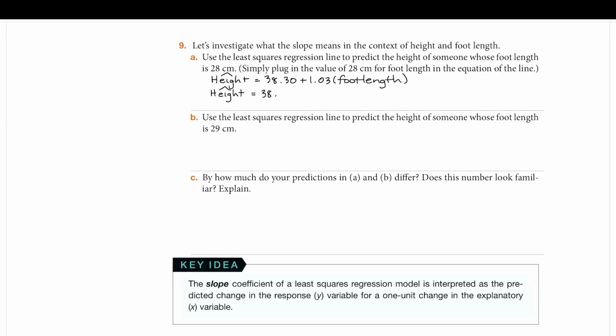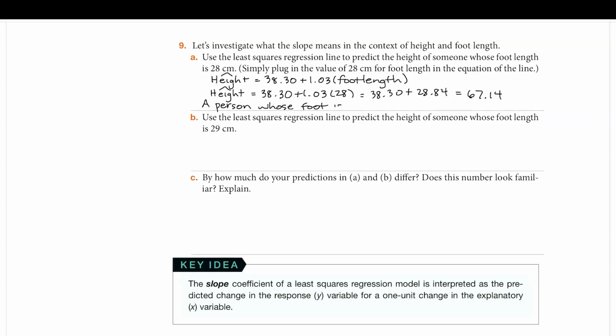What we're going to do, and again this should be familiar from algebra class, is substitute in 28 for foot length, that's 28 centimeters, and do the calculation. I highly recommend that you do this calculation for yourself. You can do one step at a time. First I'm going to multiply 1.03 times 28, and I get 28.84. And then when I add 28.84 plus 38.3, I get 67.14.